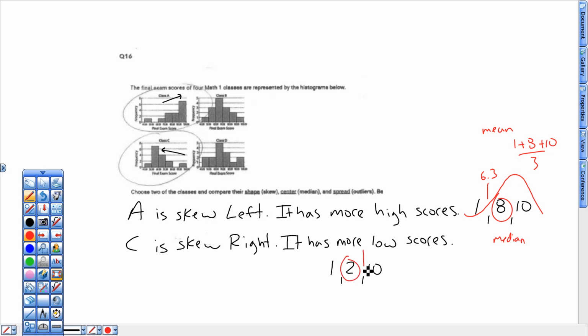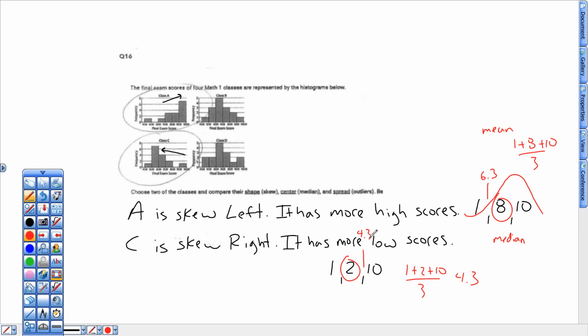Because if I take the mean of this one, 1 plus 2 plus 10, divided by 3, that gives me 13 divided by 3, which is 4.3, and you can see that is more than the median. So when the mean is more than the median, that means it's sloshing to the right, it's skew right. When the mean is less than the median, that's skew left.